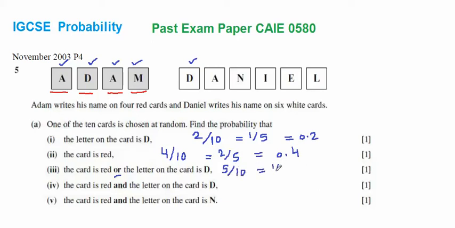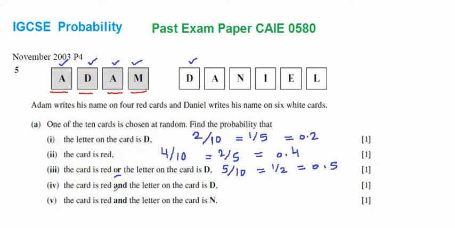So it means half, or we can write it as 0.5. Or means that an outcome satisfies the first condition, or the second condition, or both conditions. So this is the result.